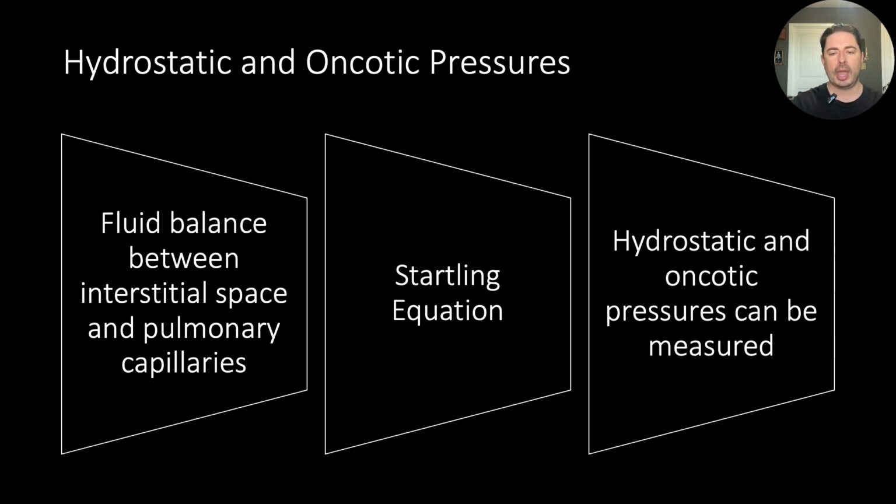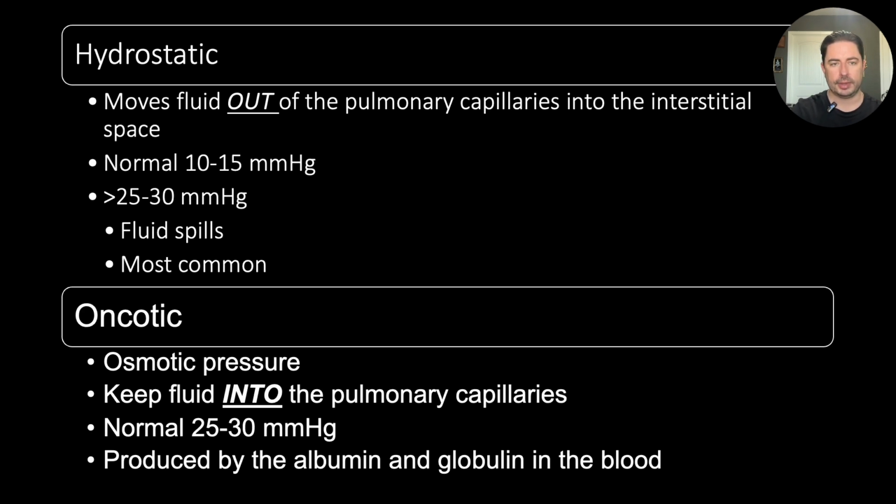When we look at the hydrostatic pressure itself, the hydrostatic and the oncotic pressures are the only pressures that can be measured out of the Starling equation. So those are a couple of things that we're going to look at here in just a second.